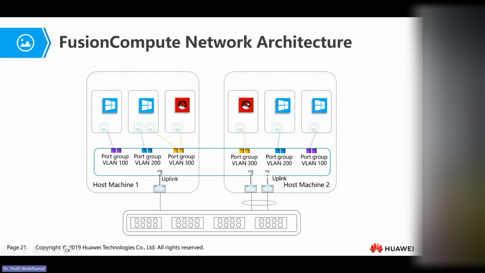This virtual machine is being run by a Red Hat Linux operating system. And then, of course, this information can go from the lower layer up to the application layer of the Red Hat and vice versa. So this is the situation in the FusionCompute network architecture.